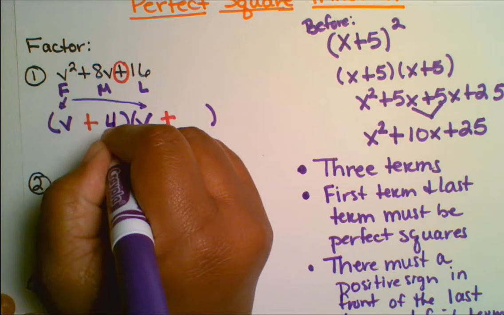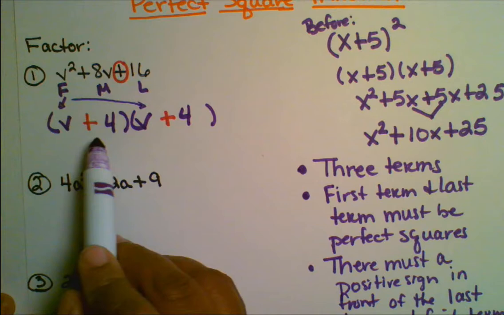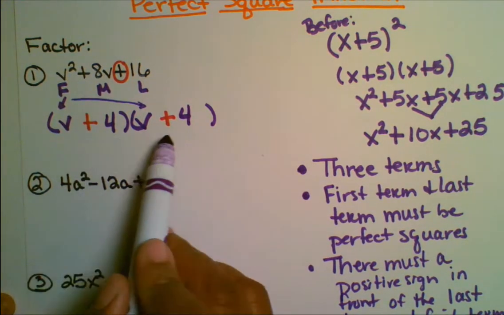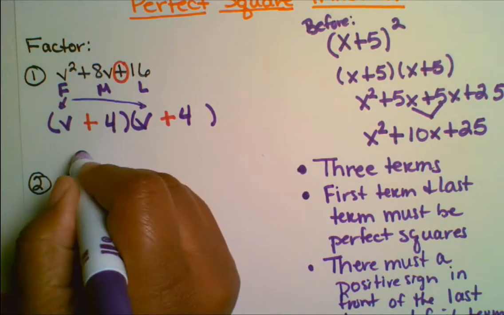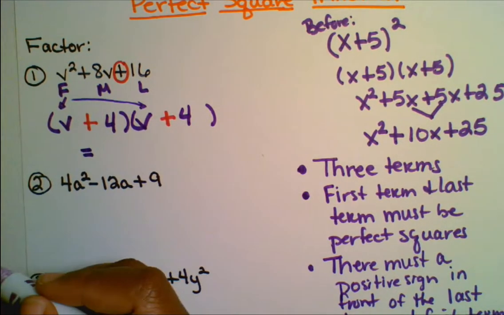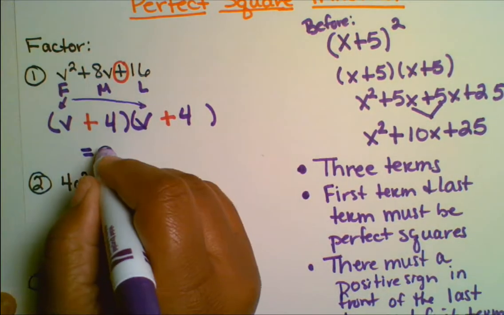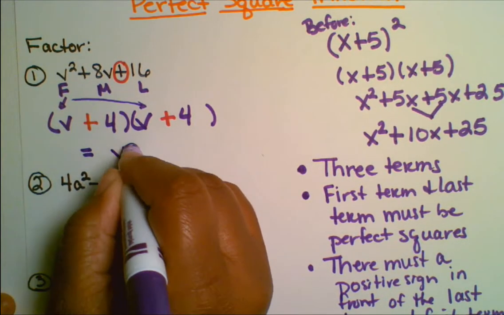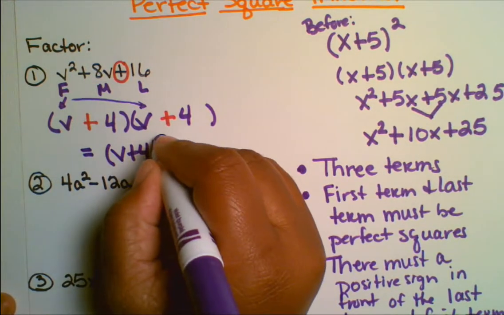That would be 4 and 4. So now we have two binomials that are matching, and that's what we want. We're going to write it as a binomial squared, in exponential form. What's being repeated? The v plus 4. How many times is it repeating? Twice.